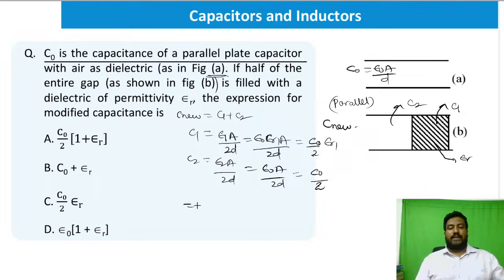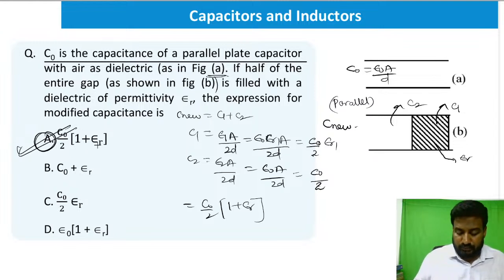So what is total capacitance now? C naught by 2 into 1 plus epsilon R1, or 1 plus epsilon R, whatever it is. C naught by 2 into 1 plus epsilon R. So option A is your answer. Is that clear?